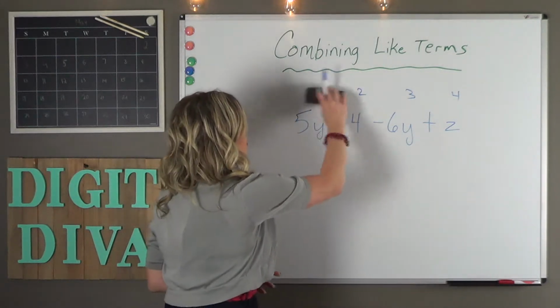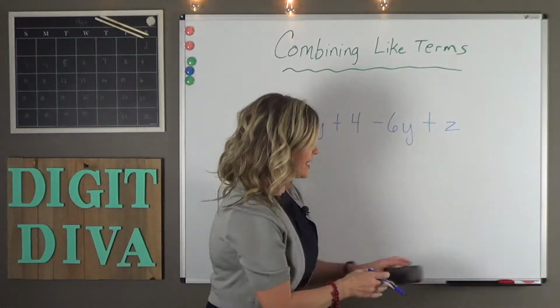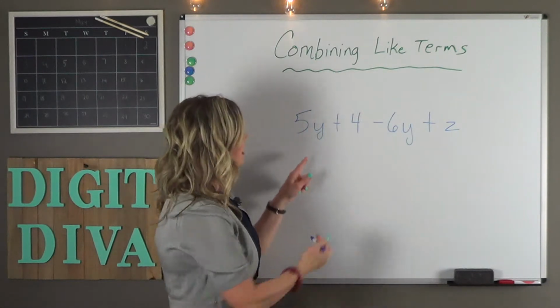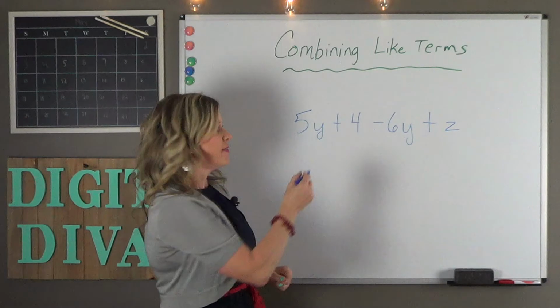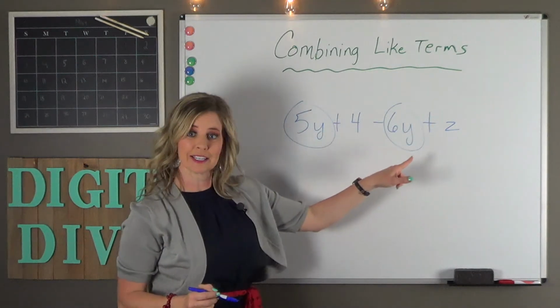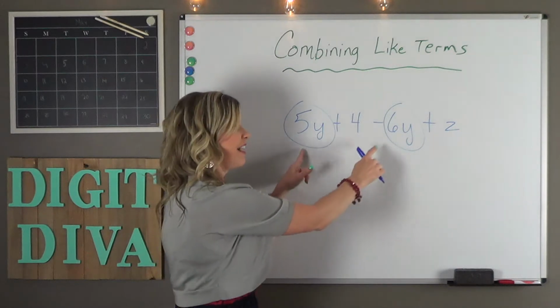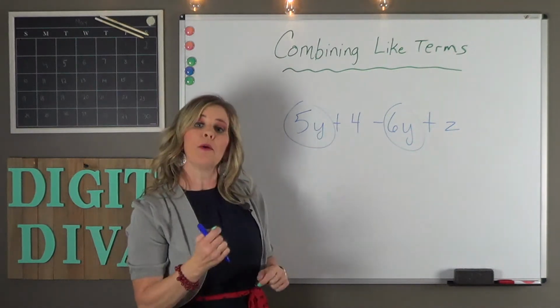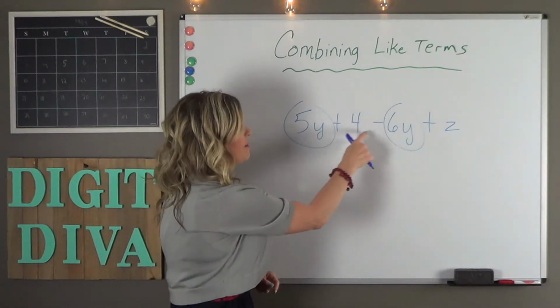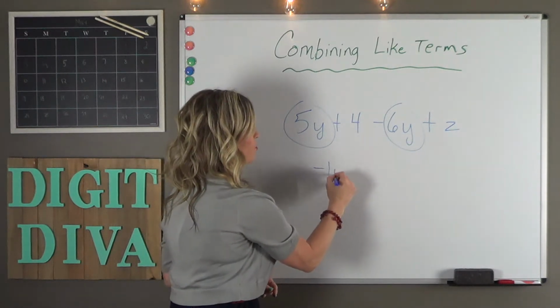All right, so what we're going to do is scan through this expression and see if we can simplify it. And I can tell right off that we have a 5y that can be joined with this minus 6y. I wouldn't say 5 plus 6 is 11. I would look at the math symbol in front of the 6y. So 5 minus 6 is negative 1.